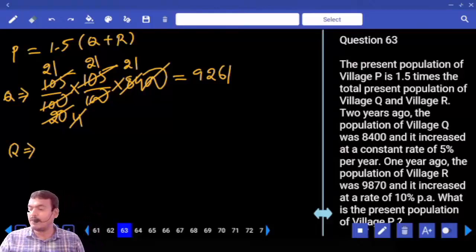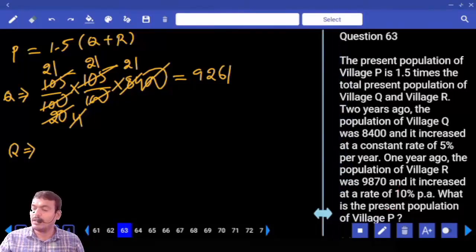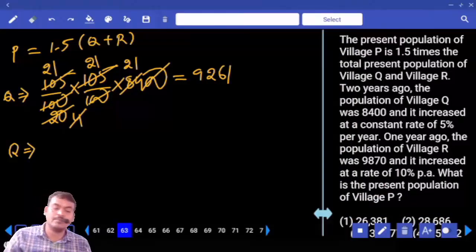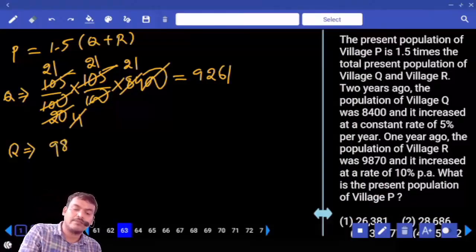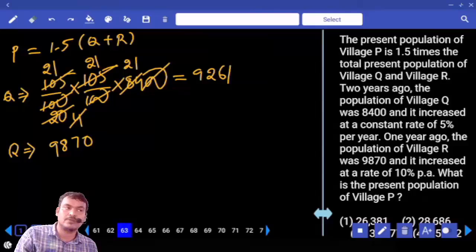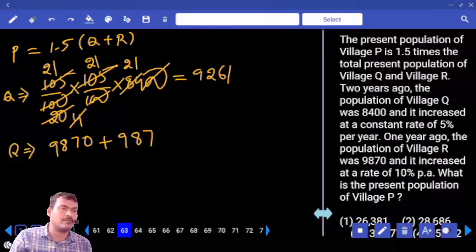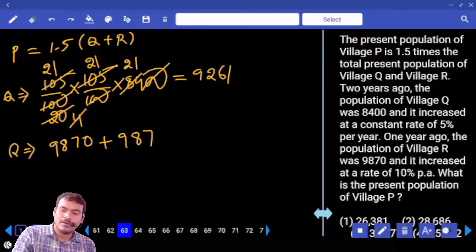Next, what is the R present value? 1 year ago R was 9870, in that 10% is increased. We are adding 10% value. What is 10% of 9870? 987.